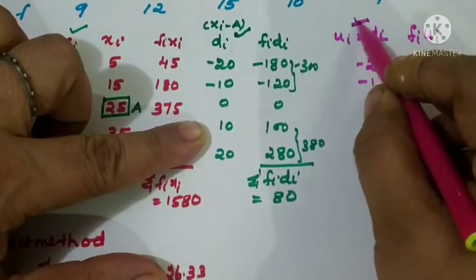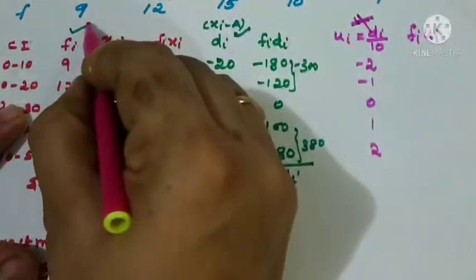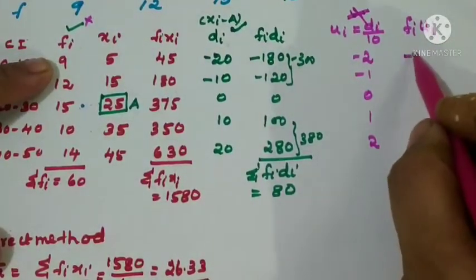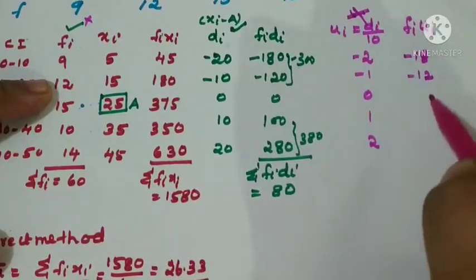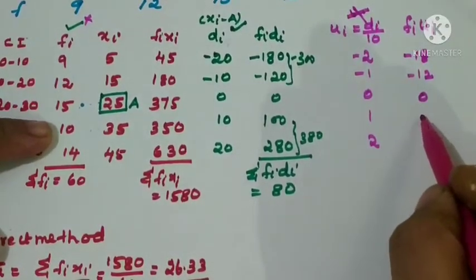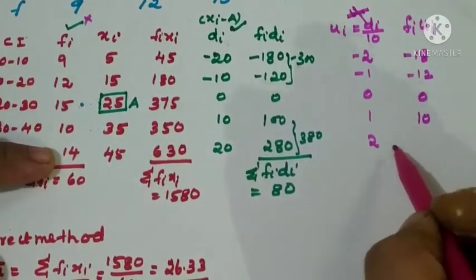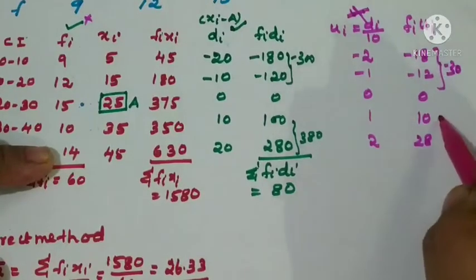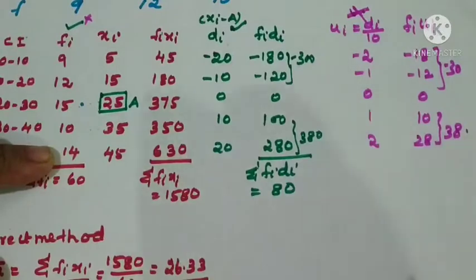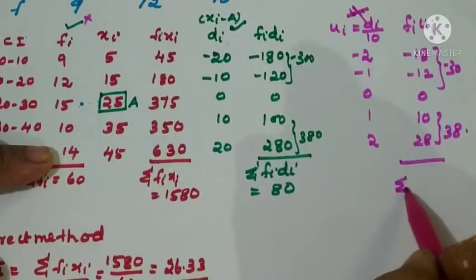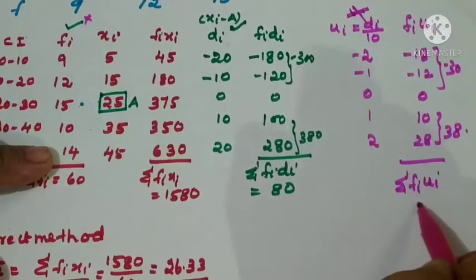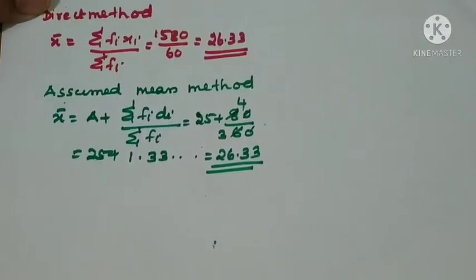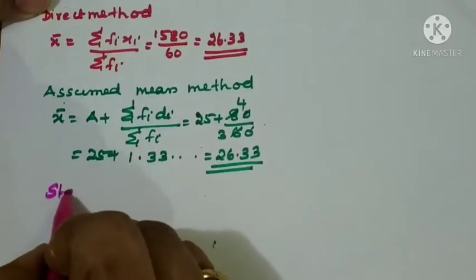Fi times ui: minus 18, minus 12, 0, then 10 into 1 is 10, 14 into 2 is 28. So minus 30 plus 38, sigma fi ui equal to 8.